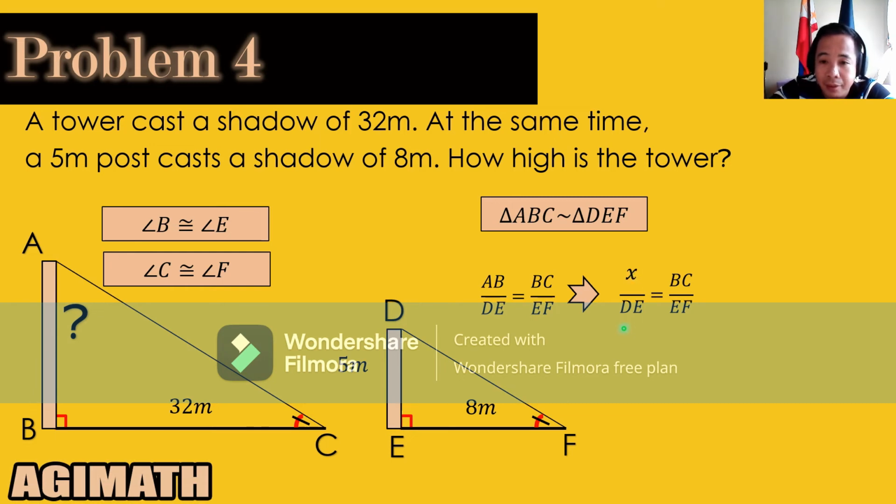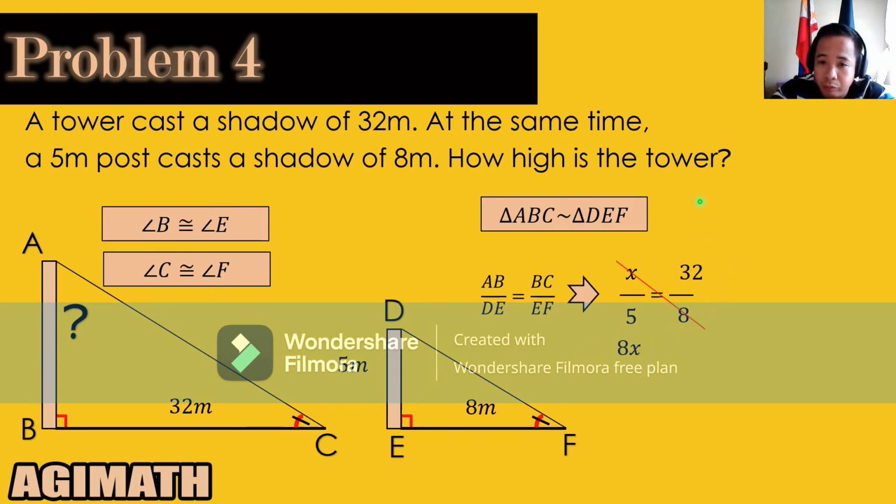Then DE is equal to 5, BC is equal to 32, and EF is equal to 8.